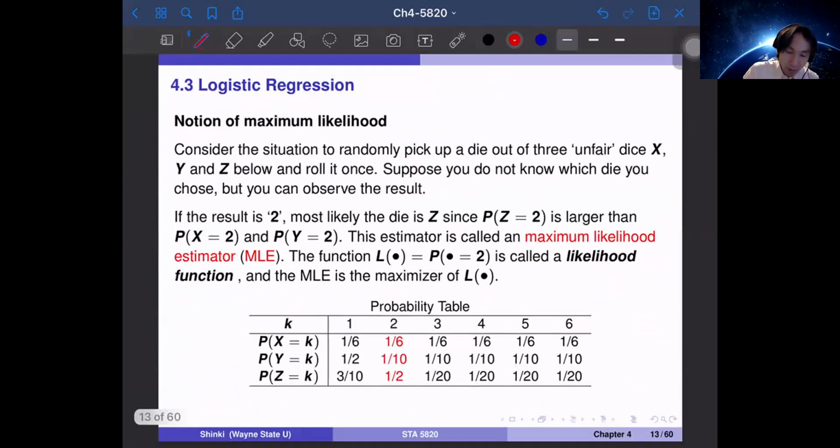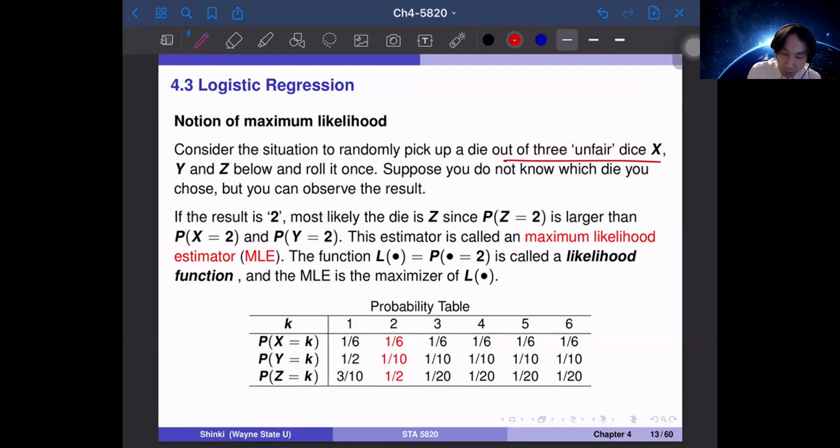So here is the notion of maximum likelihood. I think 5800 covers maximum likelihood, and 5030 also covered it, I believe, so I will just do it briefly. What is the maximum likelihood? Consider the situation where you randomly pick a die out of 3 unfair dice, X, Y, and Z, and roll the die once.